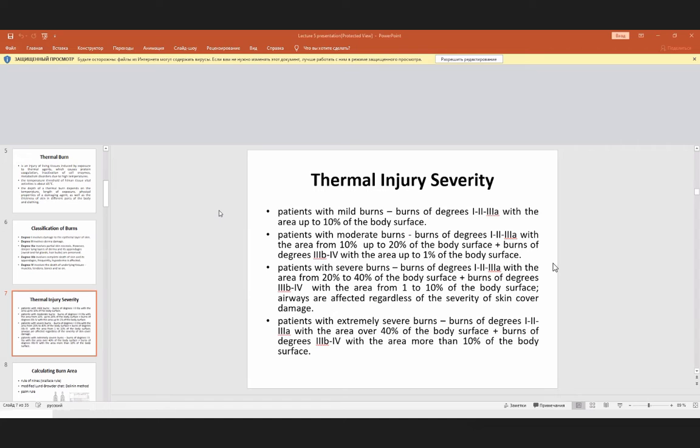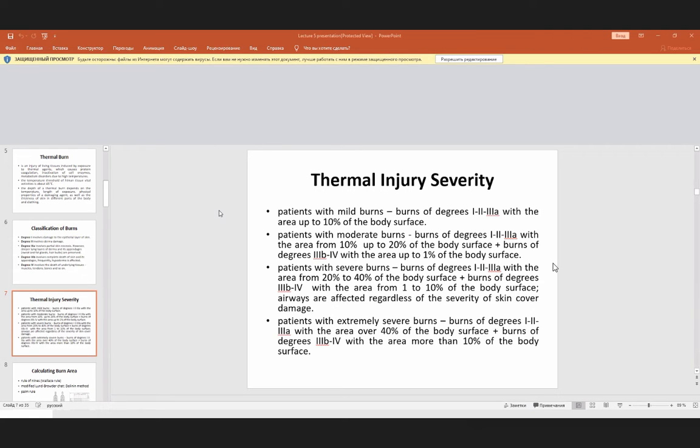Based on the severity of thermal injury, involving assessment of the area and depth of a burn, patients with a burn are divided into 4 groups. Patients with mild burns of degrees 1 to 3A, with an area up to 10% of the body surface.